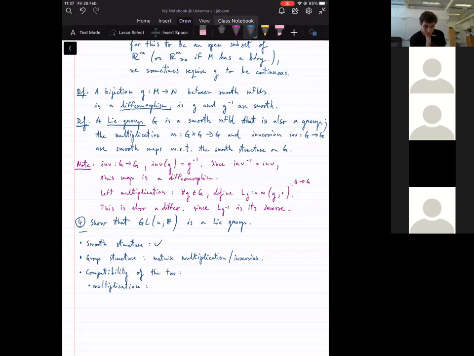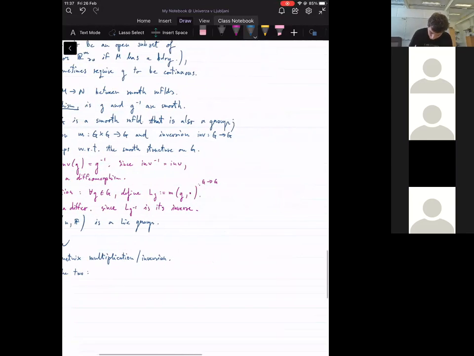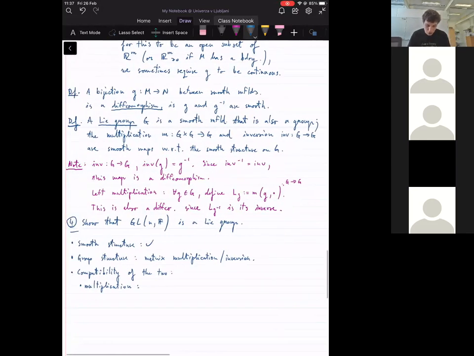Wouldn't multiplication just be polynomials in each component, which are smooth? Yes, exactly. We have to realize that matrix multiplication is already done in the more general set of all n times n matrices.